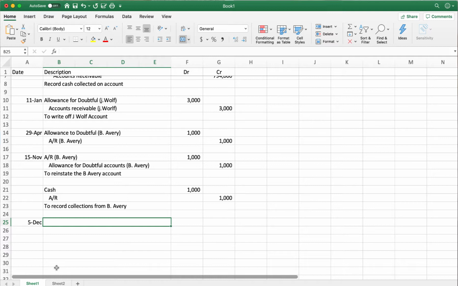Well, I need to debit allowance for doubtful accounts, D. Wright, and then I need to credit accounts receivable, D. Wright, to get it off the books. So debit allowance for doubtful accounts. Again, this is D. Wright.